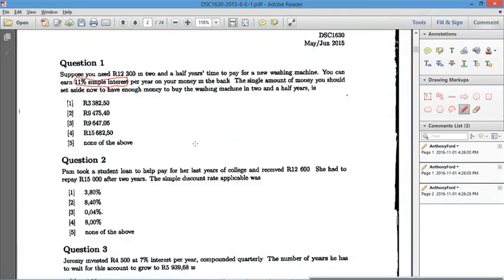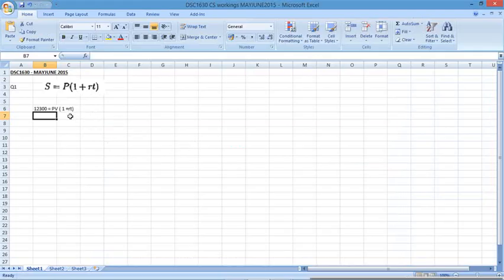I know the 2.5 years is the number of years, in terms of N. I know I have 11% simple interest, and that's per year.